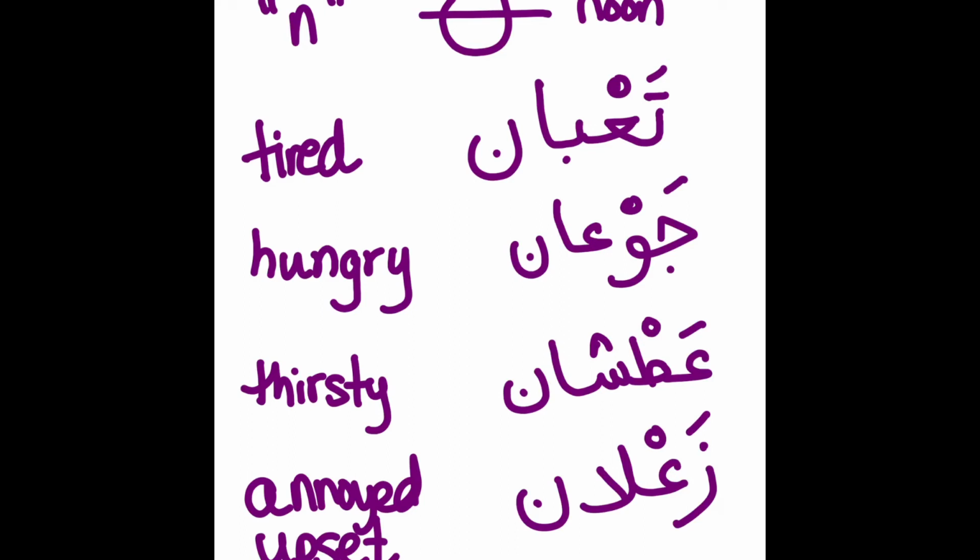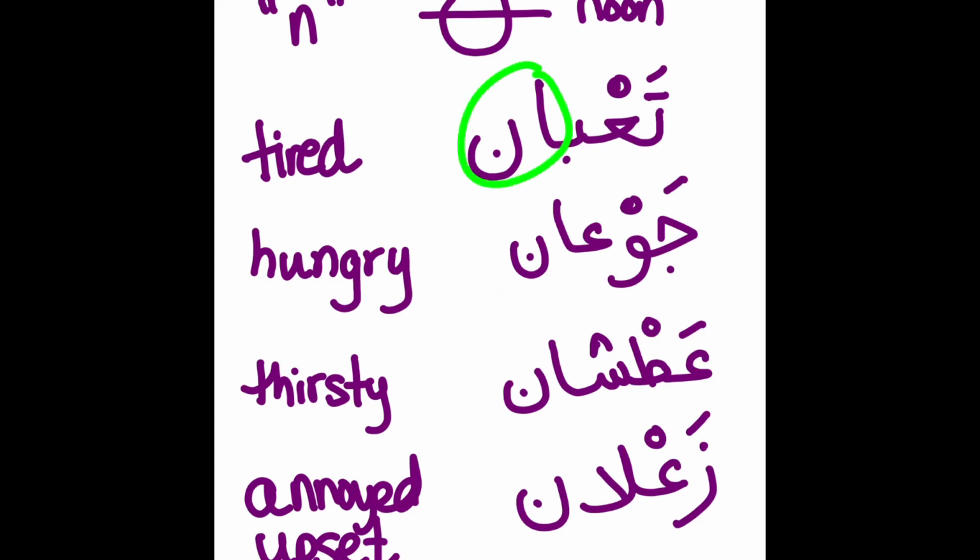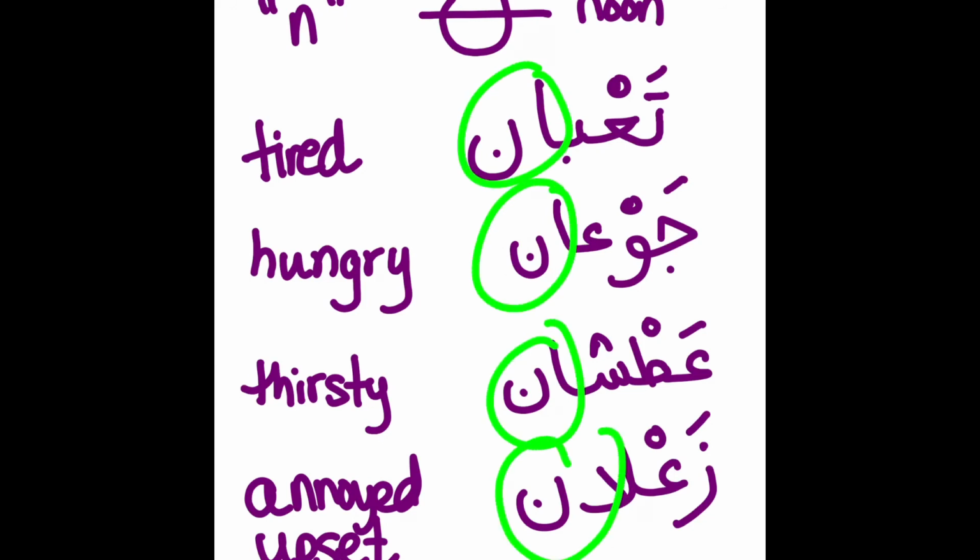Take a second and look at all these and look at what pattern you see in all of these words. What do they all end in? What two letters do they all end in? Good. They all end in an Alif and a Noon.